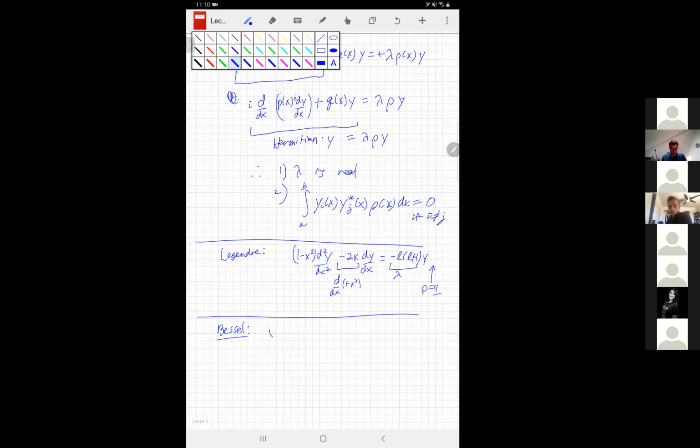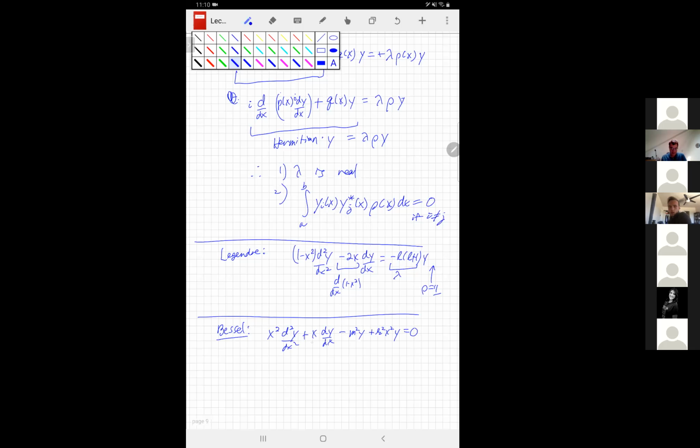Bessel. x squared d squared y dx squared plus x dy dx minus m squared y plus k squared x squared y equals 0. That doesn't look like this form.